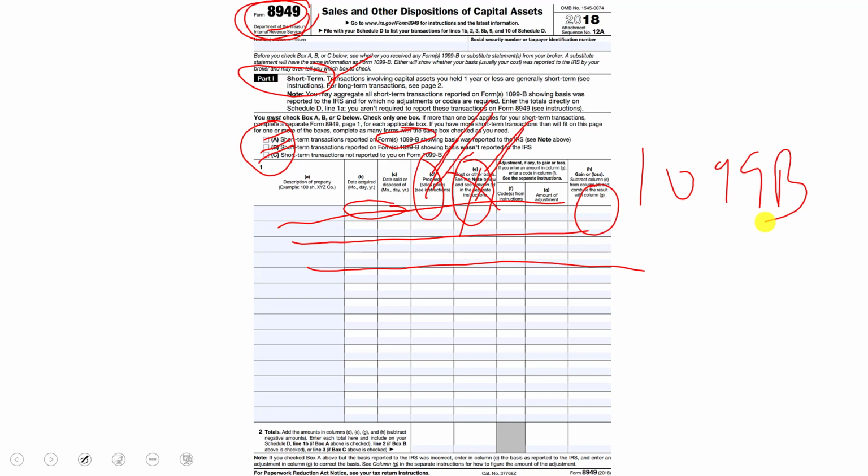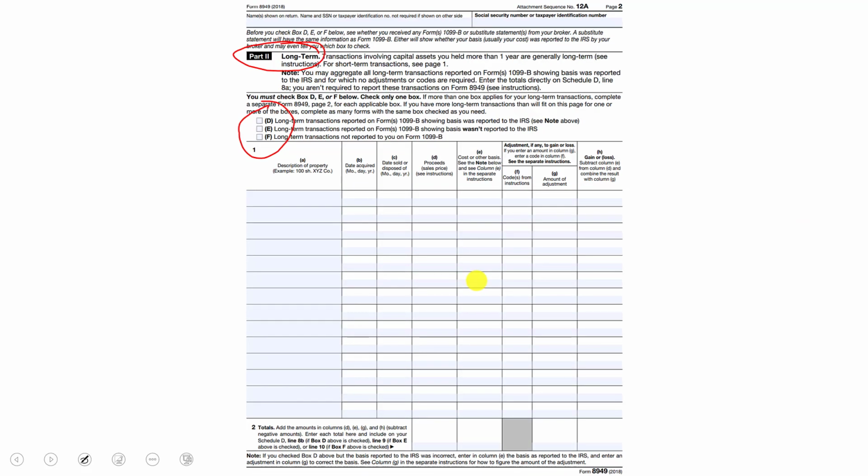Okay, the IRS really wants to crack down on people under or over reporting their cost basis. So A is probably what they want to see, the amount of sales price and the amount of cost basis confirmed by a third party. Likewise for long term, if I check off D, this page can only be used where the proceeds and the cost basis are reported on a 1099 both to the IRS and the taxpayer.